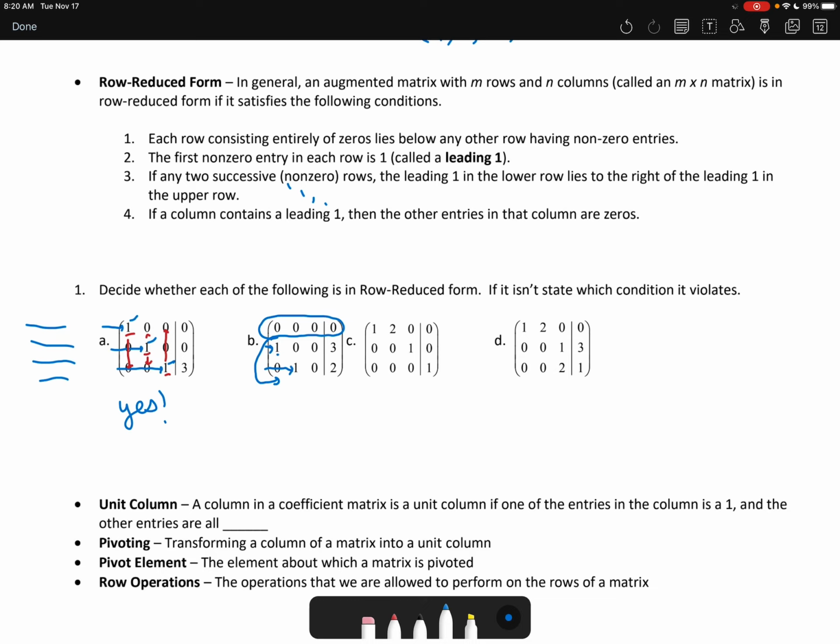If I have a 1, the other entries are zeros, and the ones are moving down to the right. So it hits everything else. So all we would need to do is simply move those zeros down to the bottom. But as of right now, no, it's not. So I'm just going to write 0 row not on the bottom. So it violated number 1.